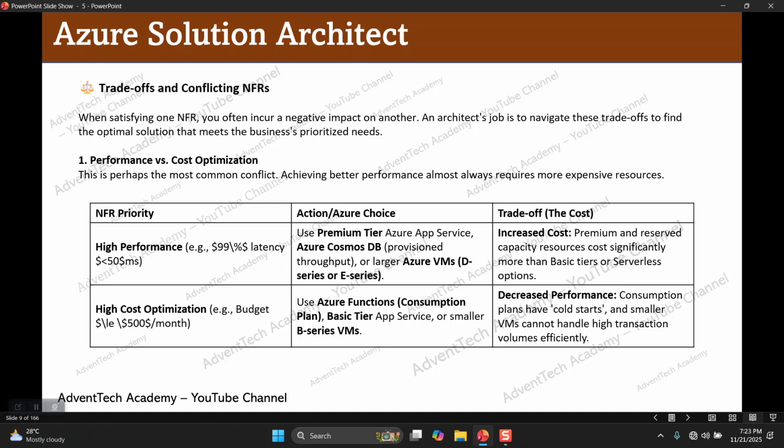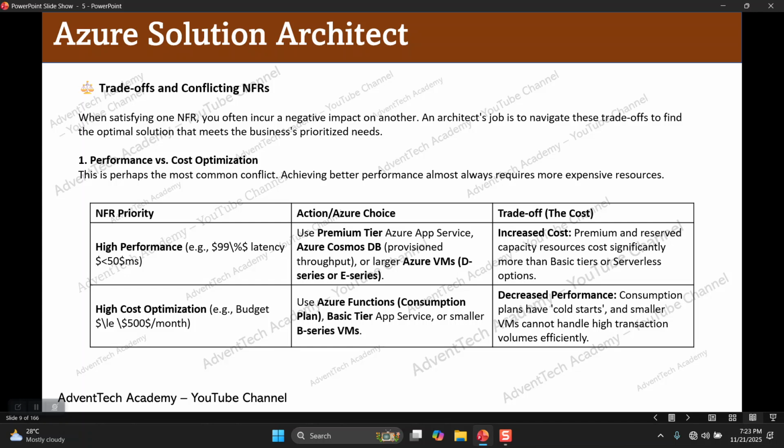If you go for high cost optimization, the budget should be like $5,500 per month. If there is a budget limit, we should go for Azure Functions or basic tier App Service or smaller VMs.